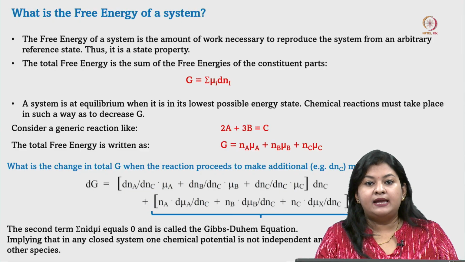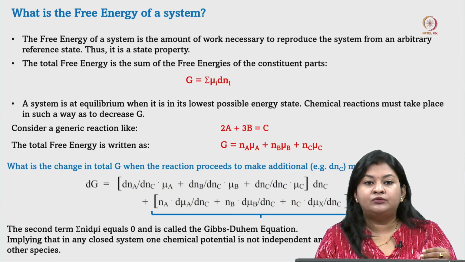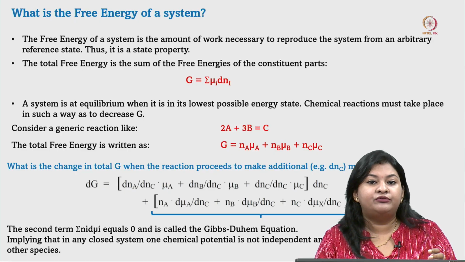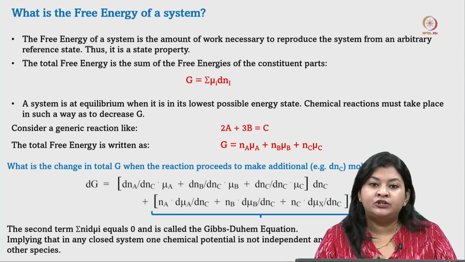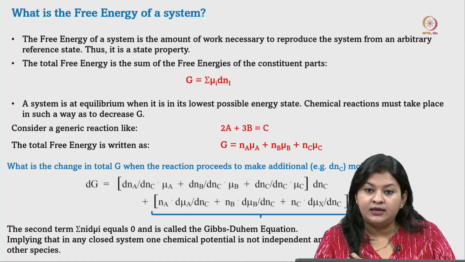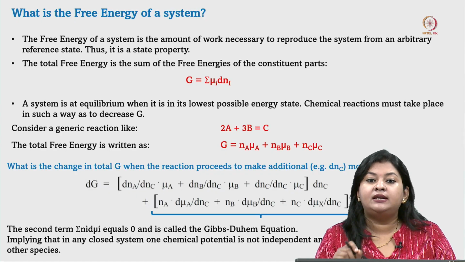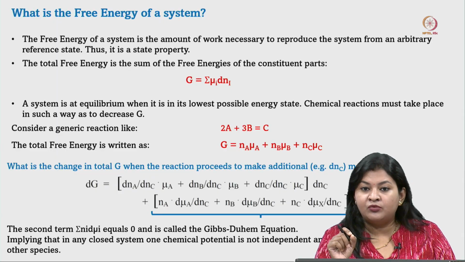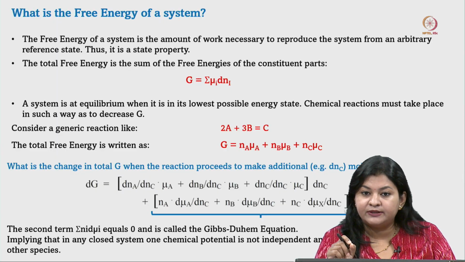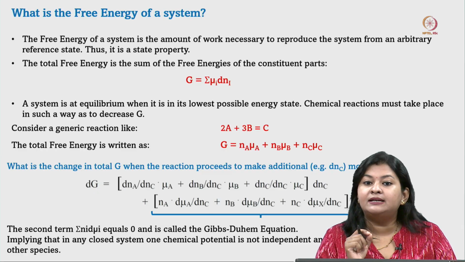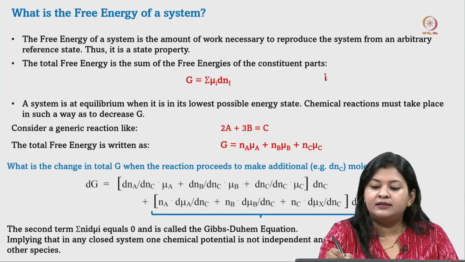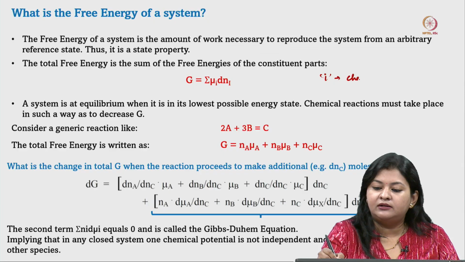And the total free energy is the sum of the free energies of the constituent parts, that is the chemical constituent parts. So, G is equal to summation of mu i into dNi, that is the chemical potential into the small change in molar composition of that particular species i. i is a chemical species.